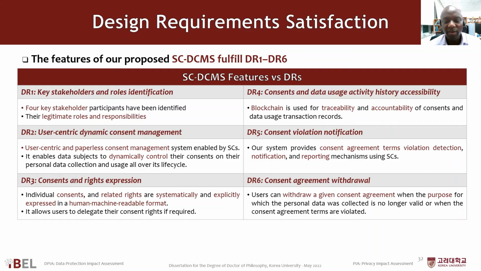And five, the consent violation notification. I mentioned earlier the system provides support for a consent agreement violation to be reported to the user automatically using smart contracts. And last but not least, the consent agreement withdrawal. So the user will definitely be able to withdraw any given consent when needed.